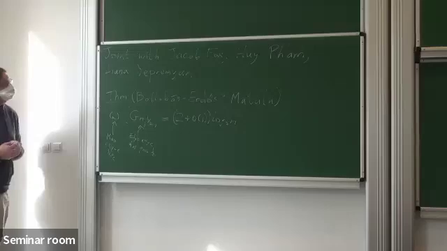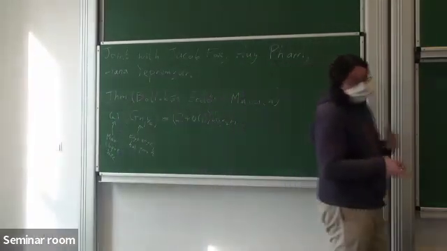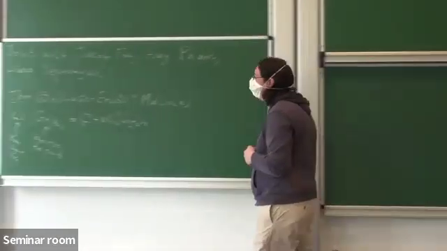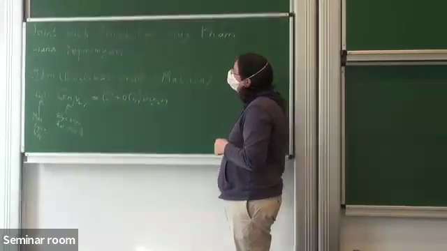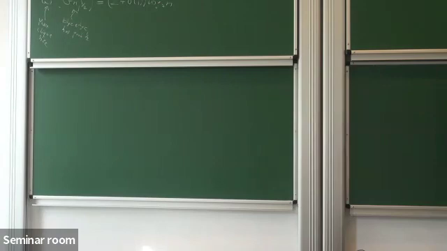So this is a classic result. As I said, it's very easy. One direction is really very easy, and the other direction takes a little bit of work, but is very straightforward with modern methods.